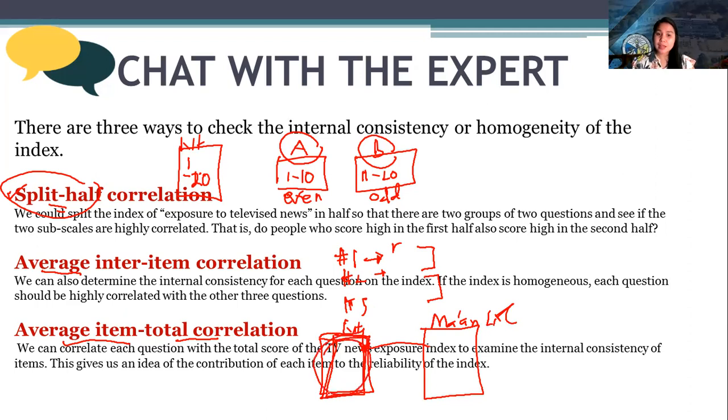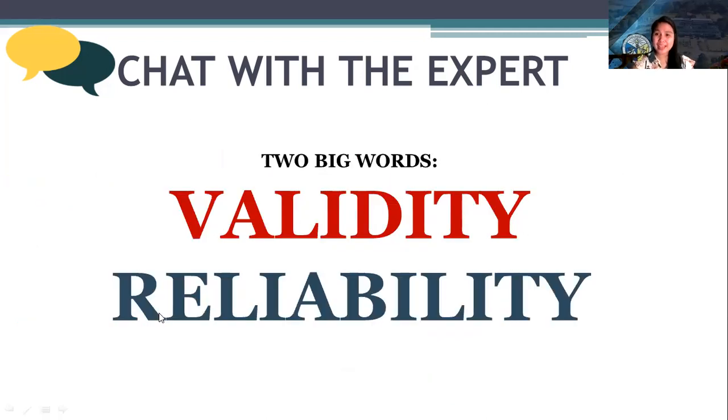Is my result similar with Ma'am Lil's result? That is an average item total correlation. Now, again, those are two big words, reliability and validity. Let's go to the second one.